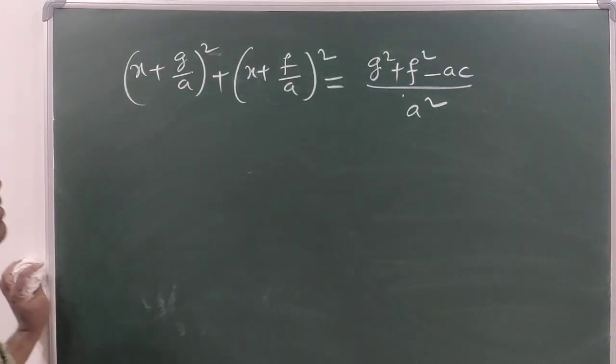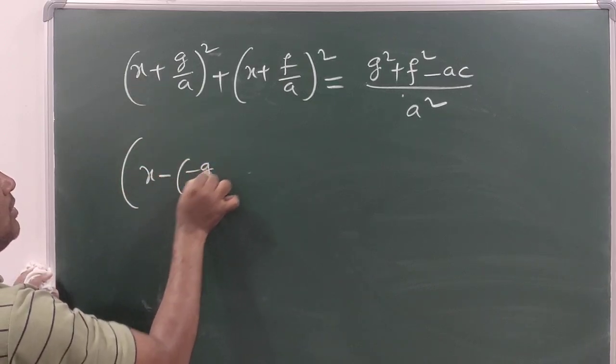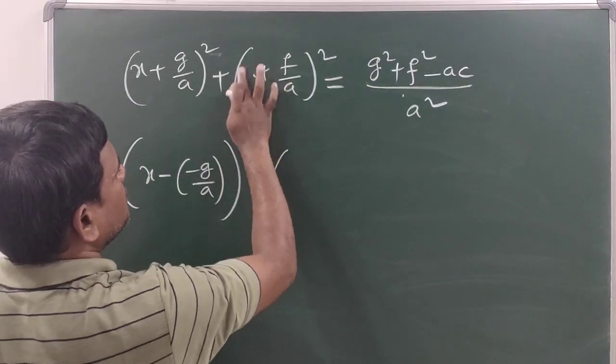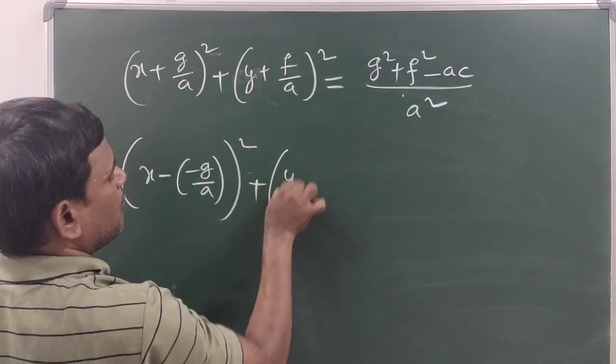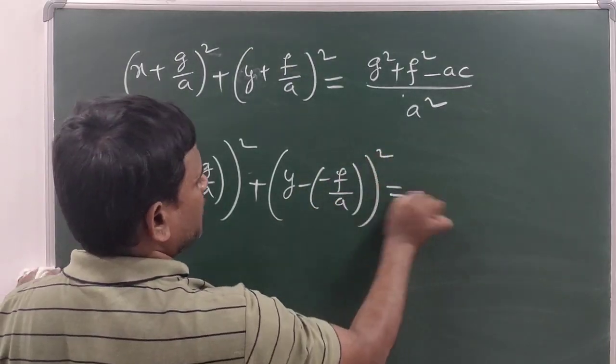See, this one I am going to write x minus g by a whole square plus, this is y, no, y minus f by a whole square.